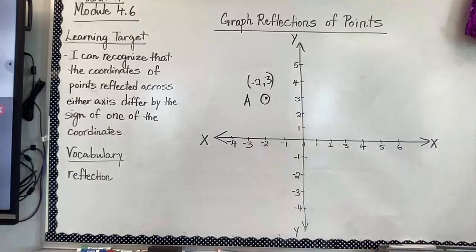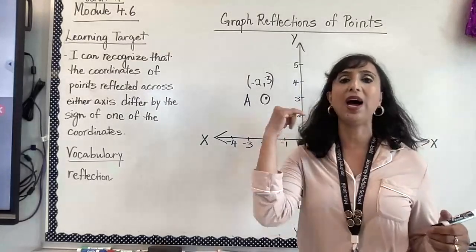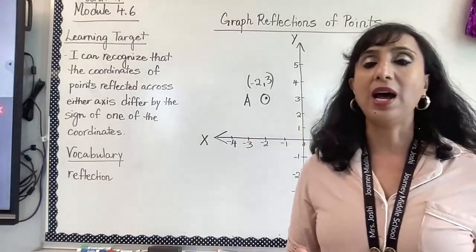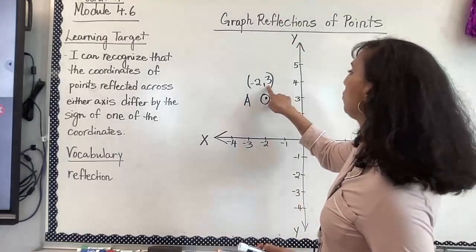Now if I am going to try to reflect this over the y-axis, remember reflection is a mirror image, and if I'm saying the y-axis, you need to remember one thing. If I am flipping it across the y-axis, my y coordinate is going to stay the same. What's the y coordinate?